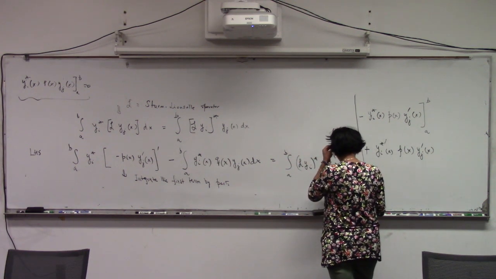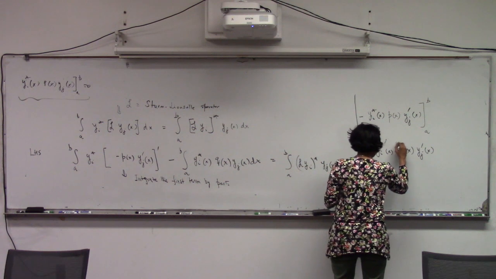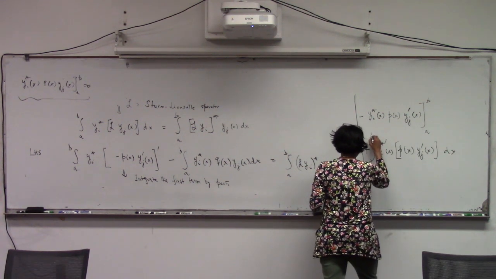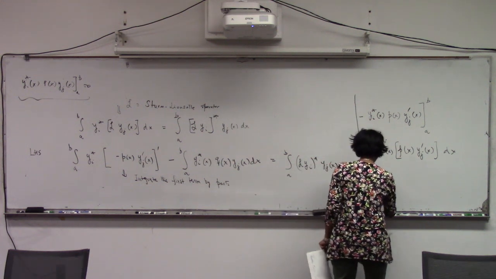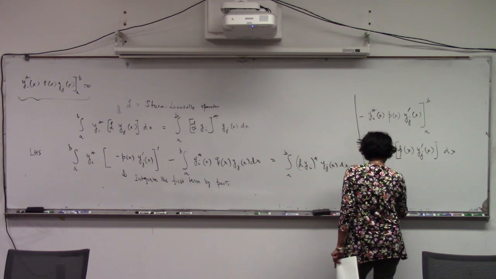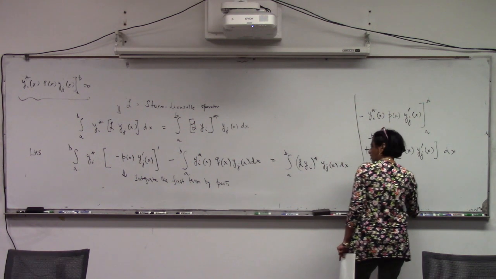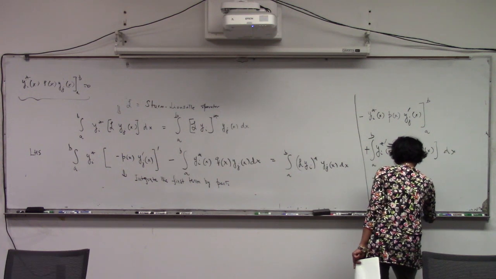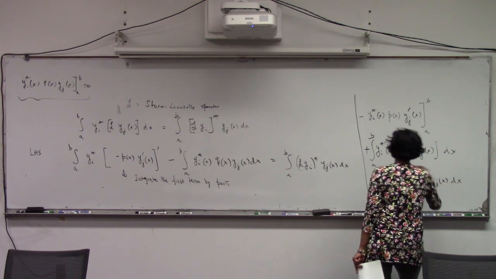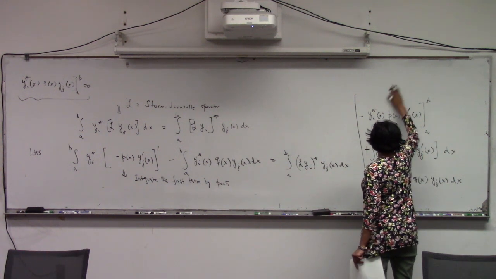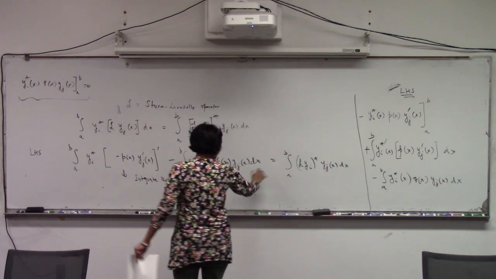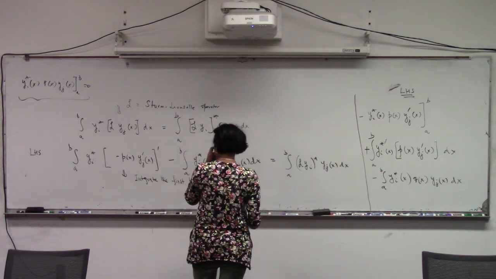And I have to evaluate this between A and B. And I do have that term also, minus A to B yi star of x yjx dx. So what I'm writing is the left-hand side only, that part, and I have to show that is equal to that.